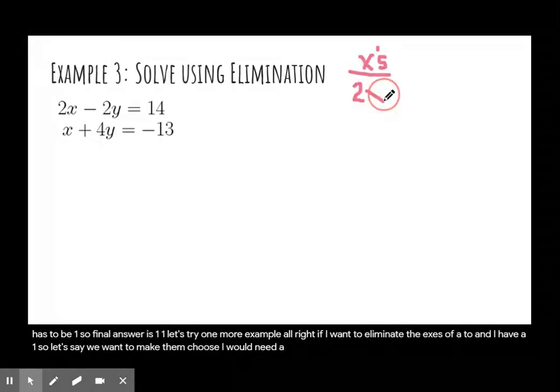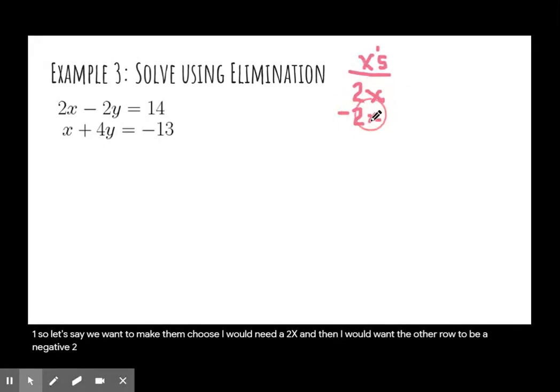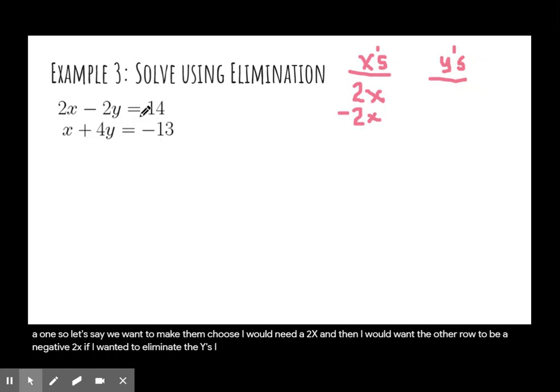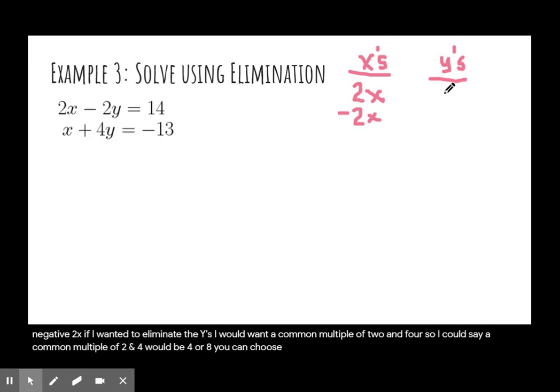I would need a 2x, and then I would want the other row to be a negative 2x. If I wanted to eliminate the y's, I would want a common multiple of 2 and 4. So I could say a common multiple of 2 and 4 would be 4 or 8. You could say 12. But let's say we went with the 4.